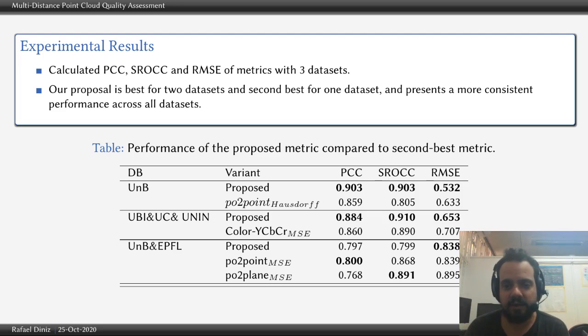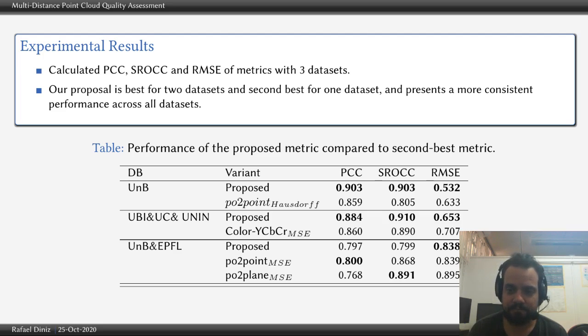For the second database we were also the best by some margin, not so big but still. And for the third database we can say we were among the best, maybe a close second.